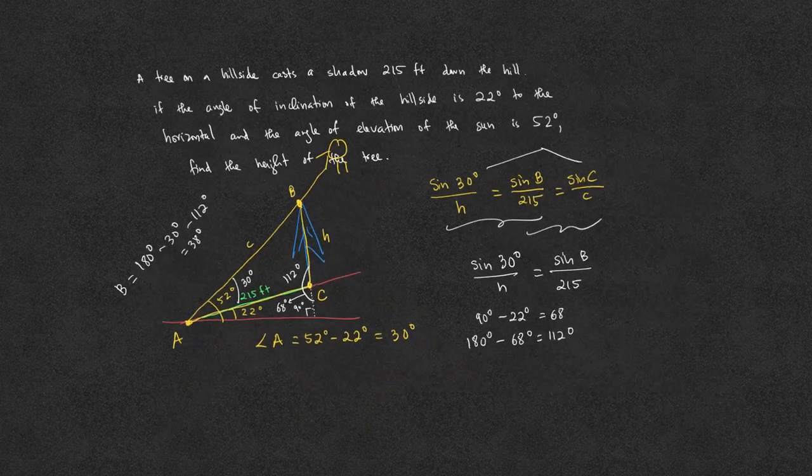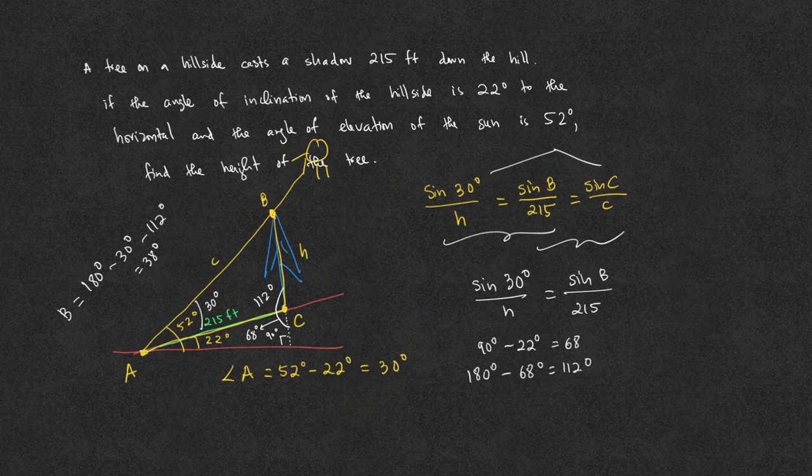Armed with B, we can now find h. If we isolate h from this equation, then we have h equals 215 times sine of 30 degrees divided by sine of B, but B is now 38 degrees.